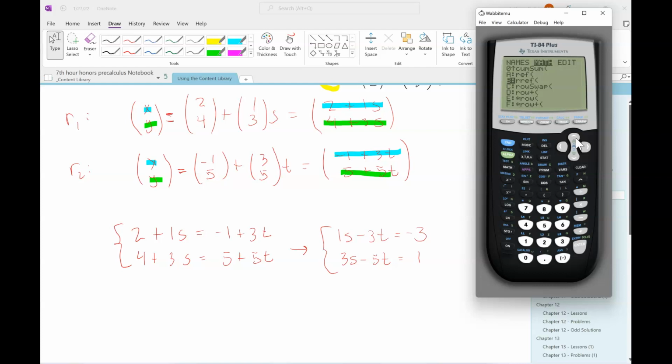RREF stands for row reduced echelon form. Basically what the calculator is doing is the Gauss-Jordan elimination algorithm on your matrix, which is basically just the elimination that you learned how to do on a system. It's just being applied to a matrix.